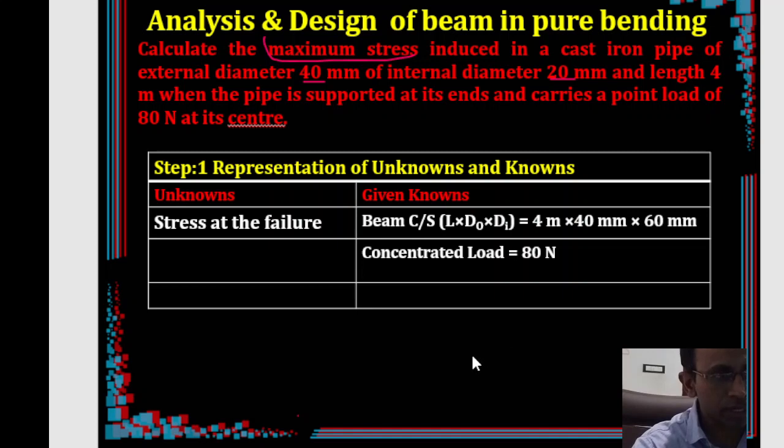So you can first of all represent the information given. You have been given the data like this.